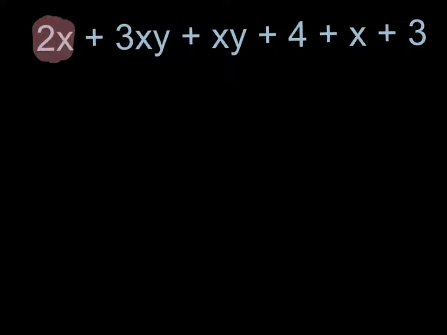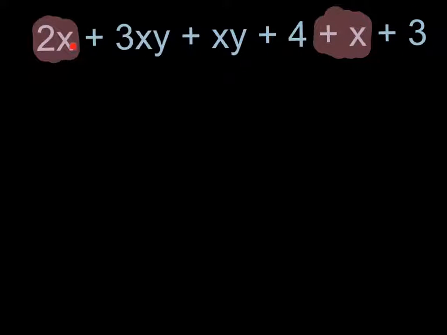Okay, I'm going to highlight this 2x here, and I'm going to look for another term that has an x in it. Now, remember, we have 1, 2, 3, 4, 5, 6 different terms, so we're looking to see the ones that just have an x. This one has an xy, this one has an xy, this one has no x's or y's, this one has just an x, which is what we want, and this one has just a number.